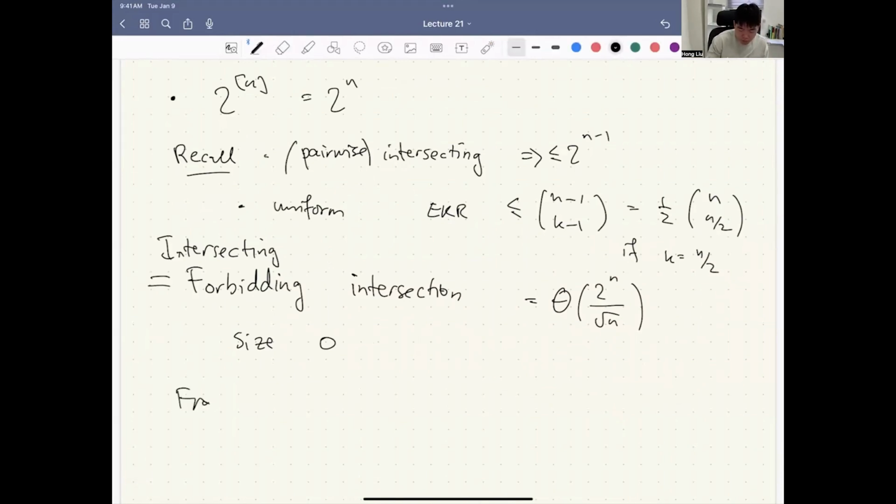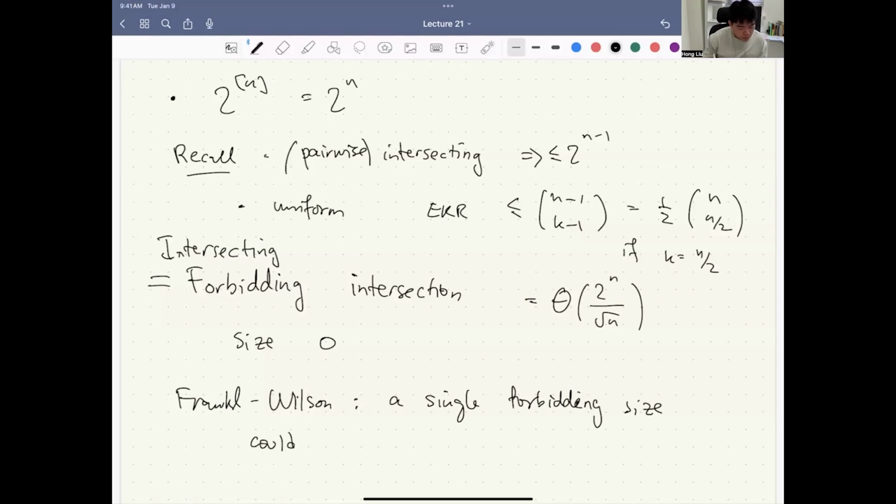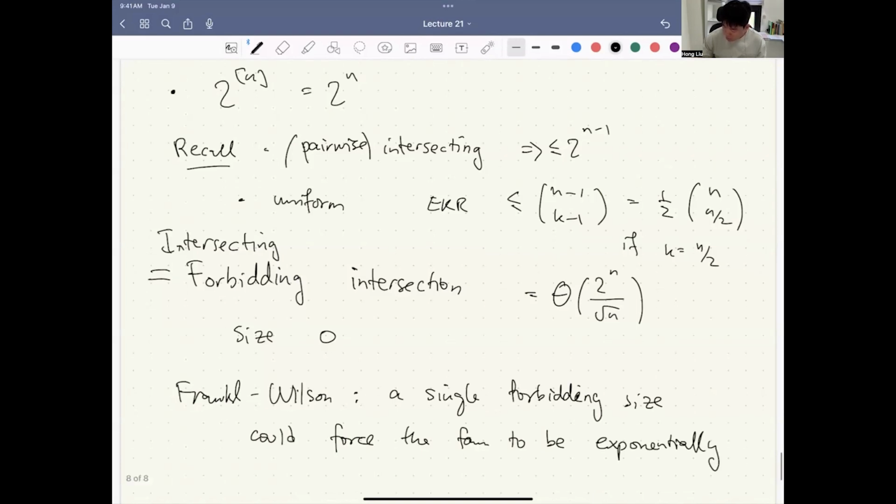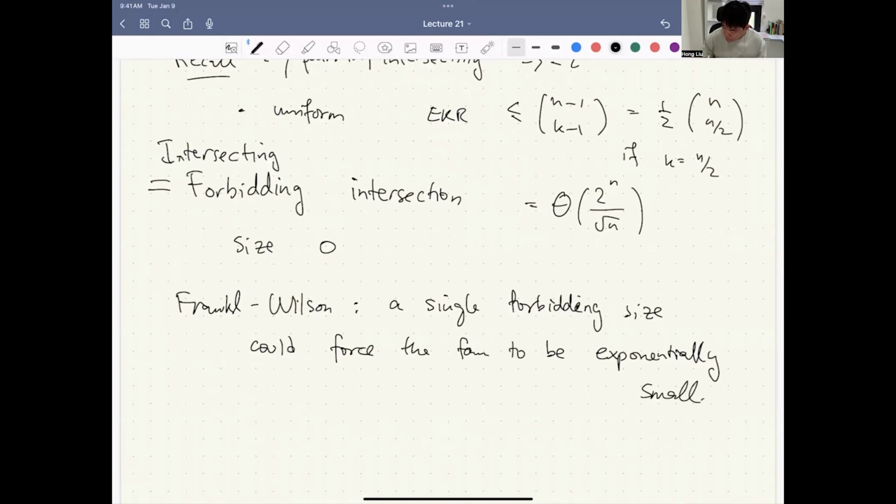Here's Frankl–Wilson, which says a single forbidden intersection size could force the family to be exponentially smaller. So let me state their theorem.